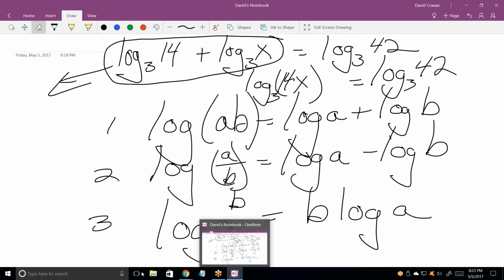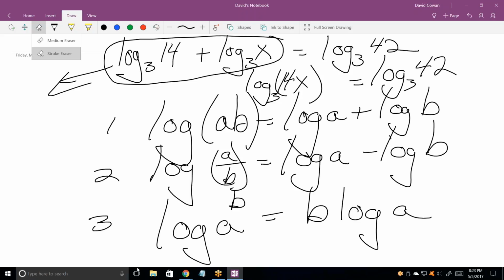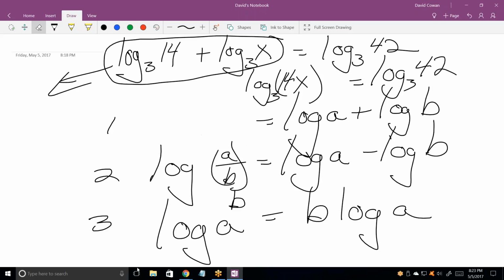So you might want to consider doing that. Okay, just a second. Those three rules, those are the most important three rules of logs. Now, let's go from there. I've got to erase it because I need writing room.